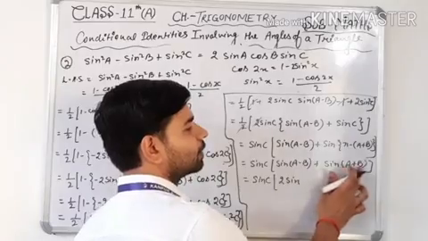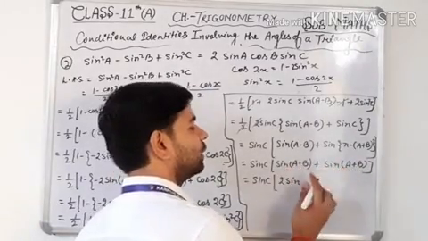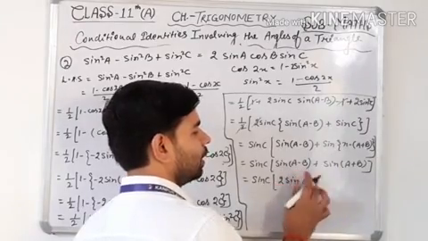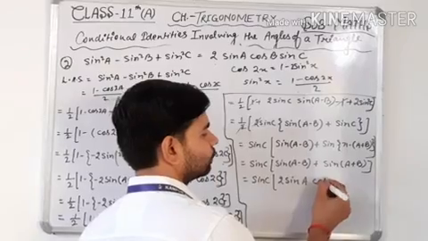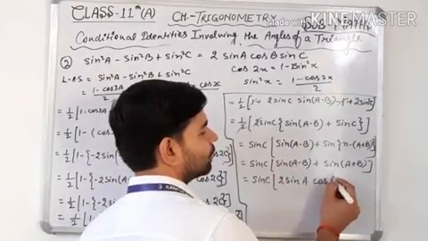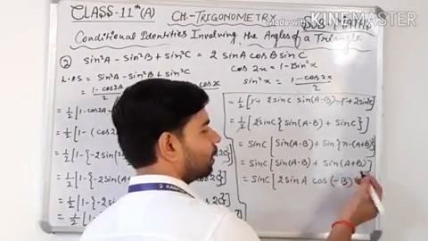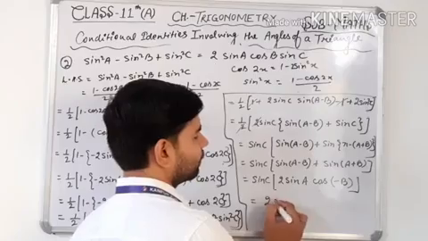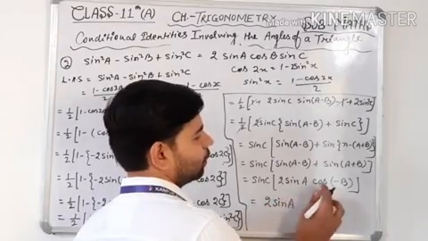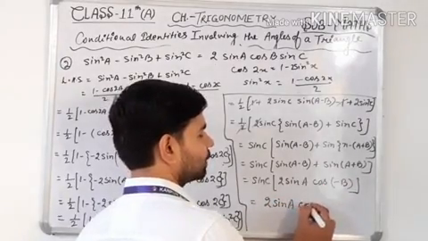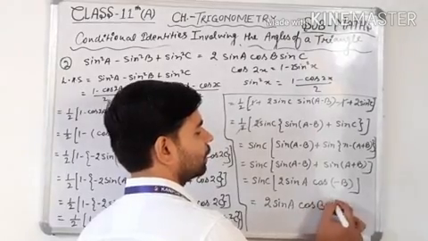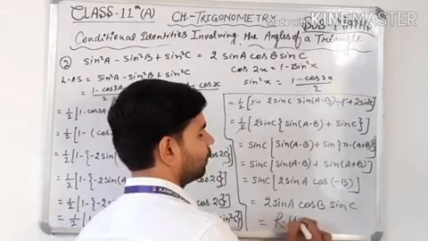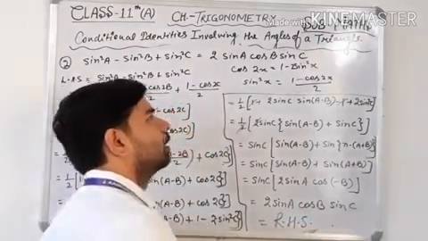This is minus, this is plus, cancel out. A plus a, 2 upon 2 means 2 sin a and cos (minus b), similar to the previous question. Equal 2 times sin a, cos minus x is cos x, so this will equal cos b sin c. This is the right hand side of the question.